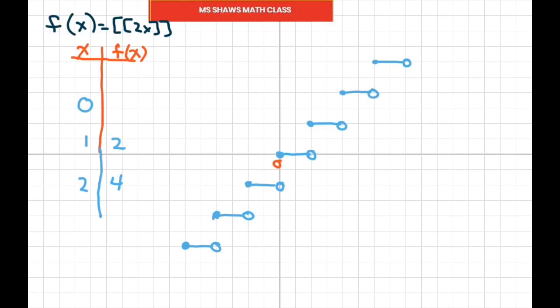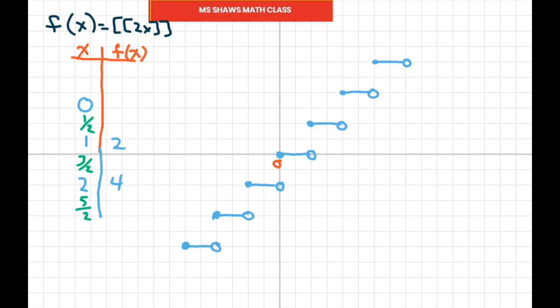So I need to know what happens when you plug in 1/2, 3/2, 5/2, and so 1/2, 2/2 is 1, 3/2, 4. This would be 5/2.